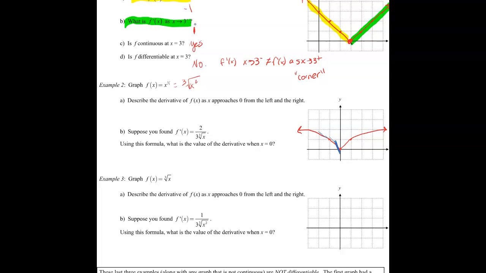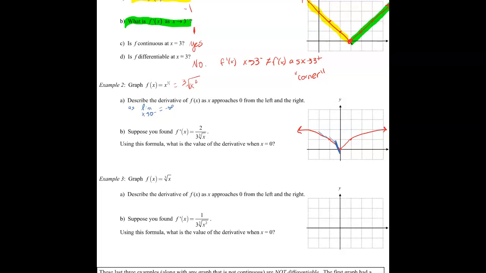So the limit as x approaches 0 from the left is basically approaching negative infinity, because again, it's getting steeper and steeper and steeper.